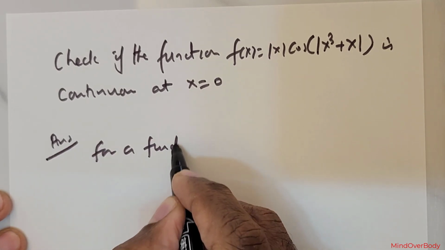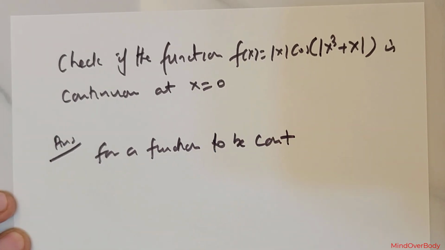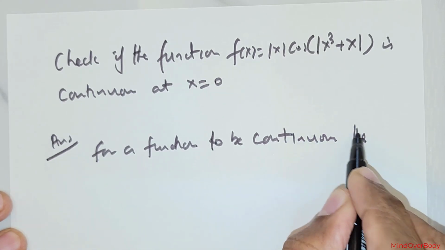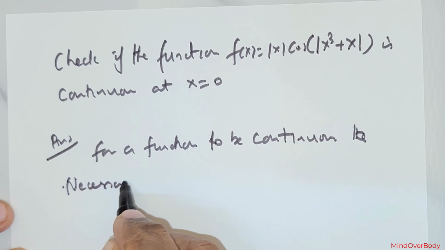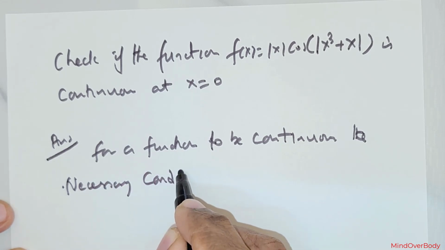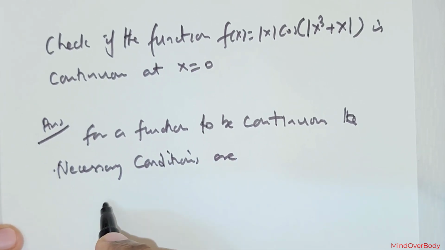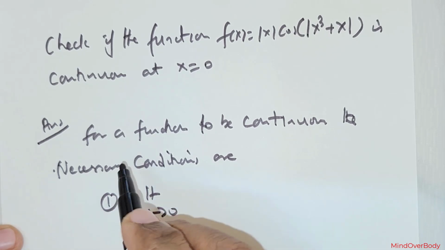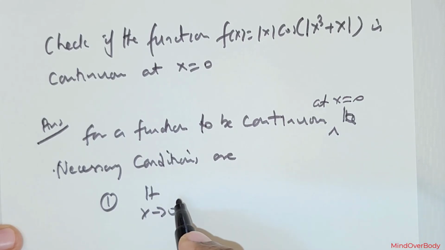For a function to be continuous, the necessary conditions are: number one, limit x tending to 0 of f of x is equal to f of 0, since we are talking about a function to be continuous at x is equal to 0.